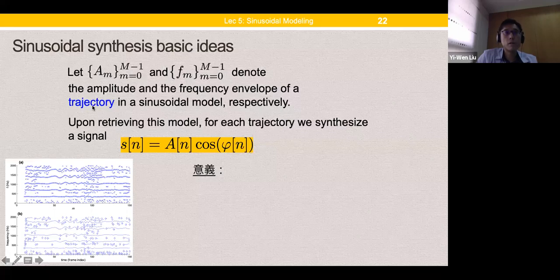Given a trajectory, just one simple line, our goal is, for each trajectory, to synthesize a signal in this form, a signal of which the phase is constantly changing, and where we also allow the amplitude to change instantaneously.